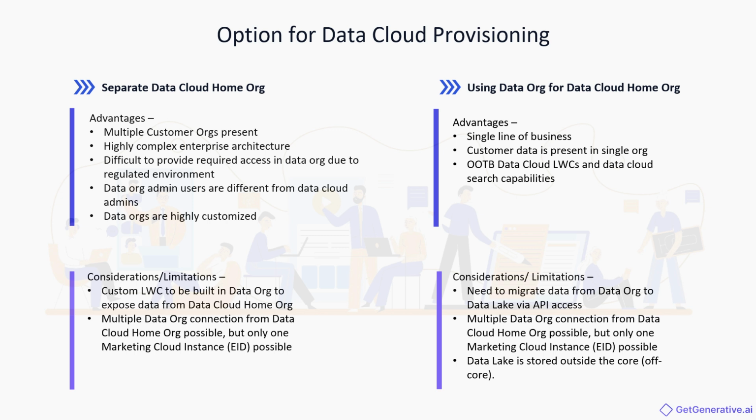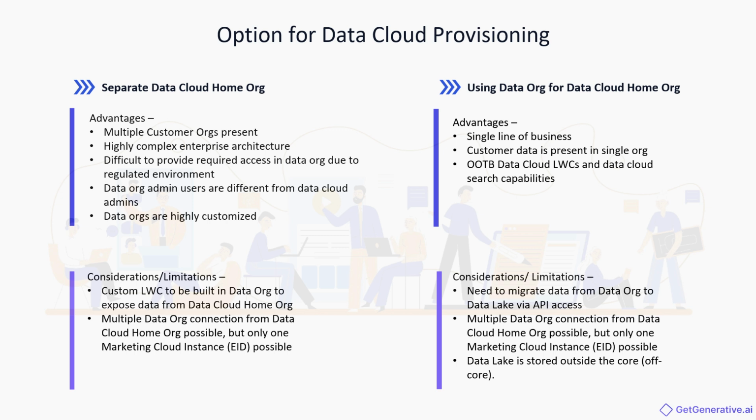Considerations and limitations: you need to migrate data from the data org to the data lake API. That's the situation with any Data Cloud implementation. It's basically calling out that you have to configure a CRM connector, which we have to do anyway. The data lake is stored outside of core. In both scenarios, the data lake, or your Data Cloud, will have a different data center. It's not the same data center as Salesforce CRM.